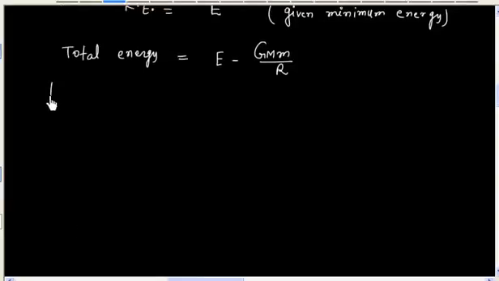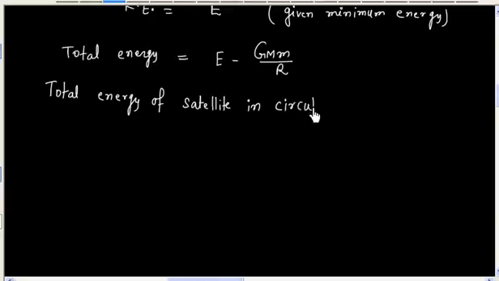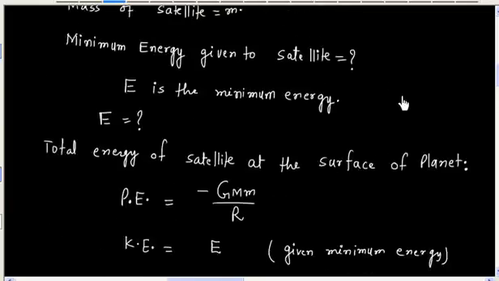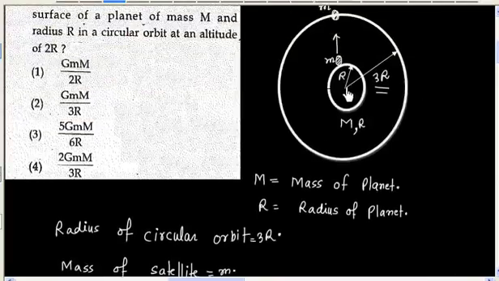Next let us find total energy of satellite in circular orbit. So we will have potential energy, that is minus GMm by distance, and this time distance is 3r.